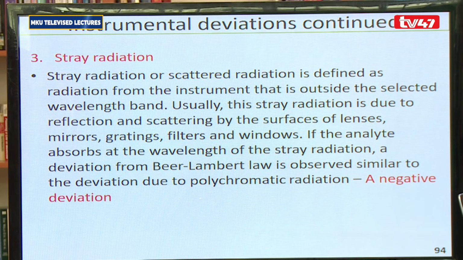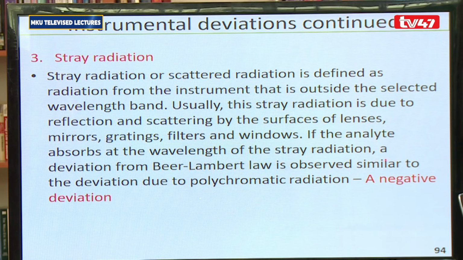Another issue is stray radiation. Stray radiation is any radiation coming from any other source that is not passing through from the source of radiation to the wavelength selection. It might come from improperly closed instruments, reflection from the lenses of the spectrophotometer, and so on and so forth.